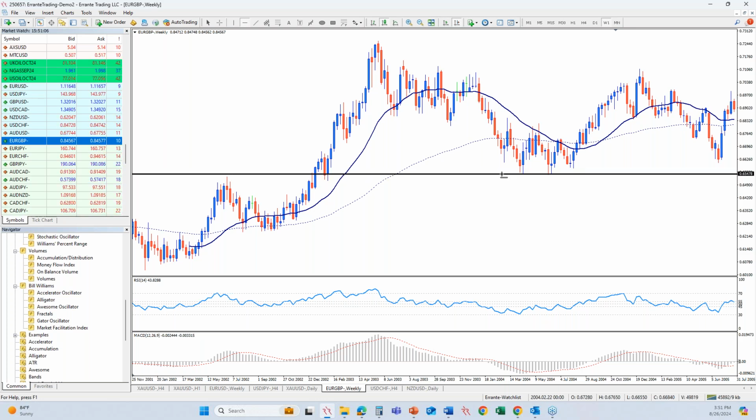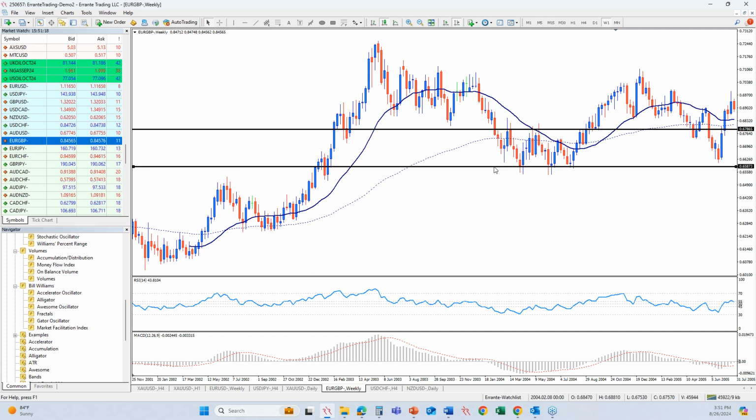Again, it's not a textbook example, but we can name it a triple bottom here if we get this level as the market bottom, and we see the first, the second, and the third attempt to breach this level, which all of them failed to do. So it can be an example of that.